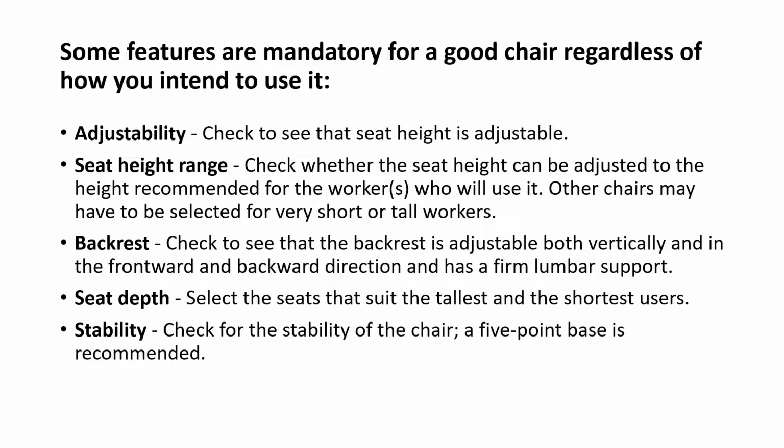The other one is the backrest. Again, check whether the backrest is adjustable, especially in the vertical and forward and backward directions, and also whether there is a firm lumbar support. Seat depth is also important, especially for very tall or very short users.